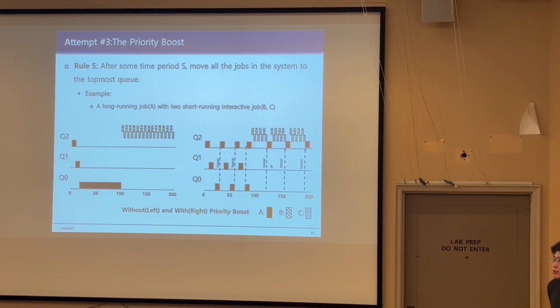Okay, anyone want to try to explain? On the left-hand side, without rule 5, why does the schedule look like this, and what is wrong with it?